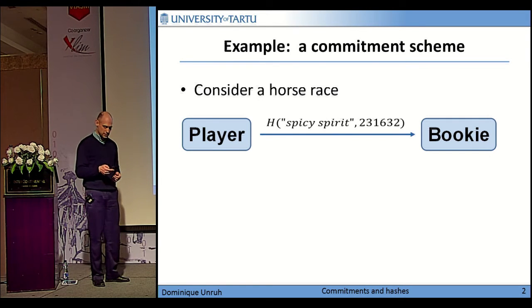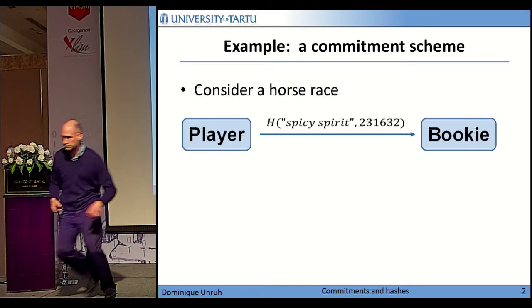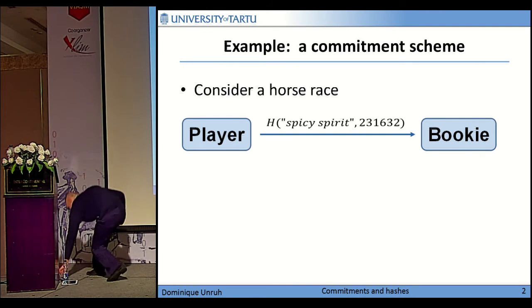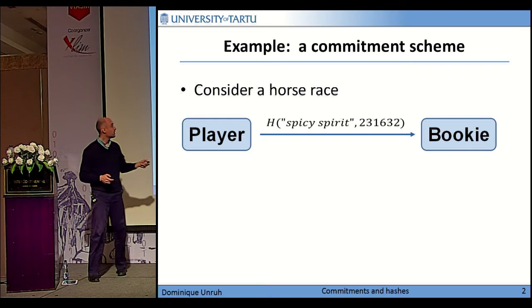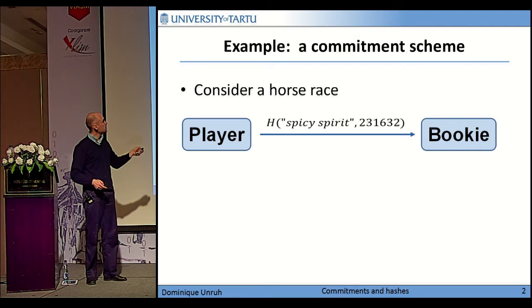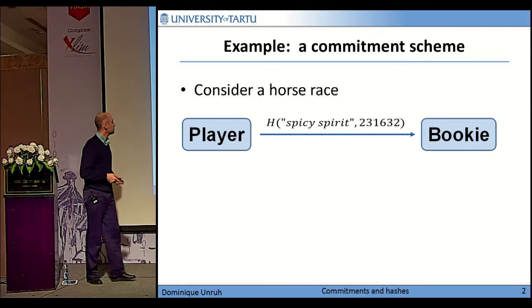And how can we do that? Well, for example, we could take the name of the horse, Spicy Spirit in this example, and take a hash of that name together with some randomness and send both to the bookie.